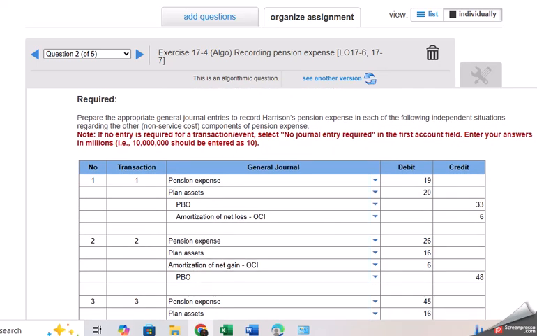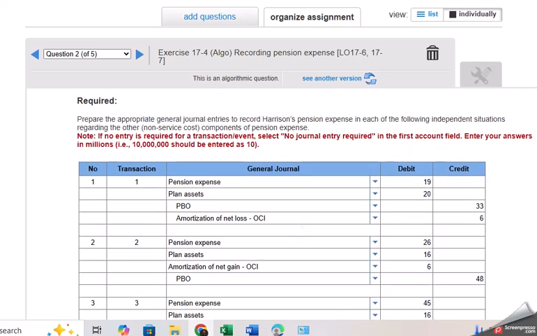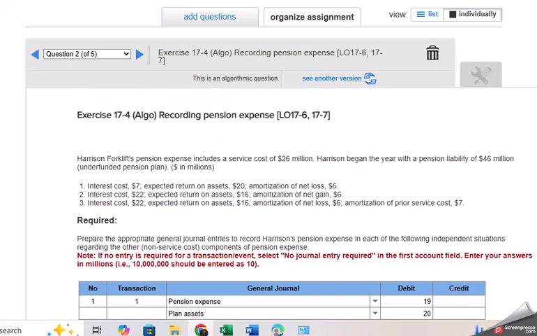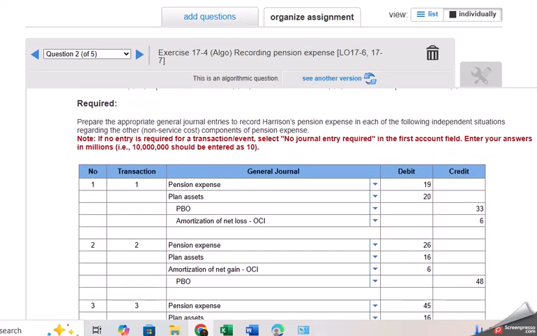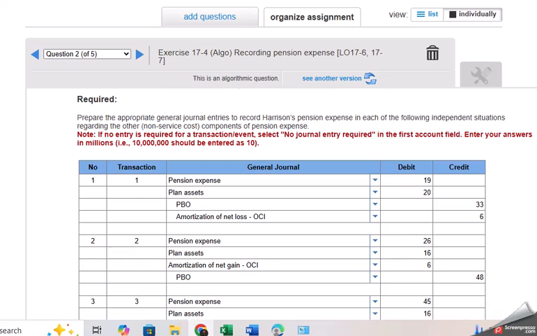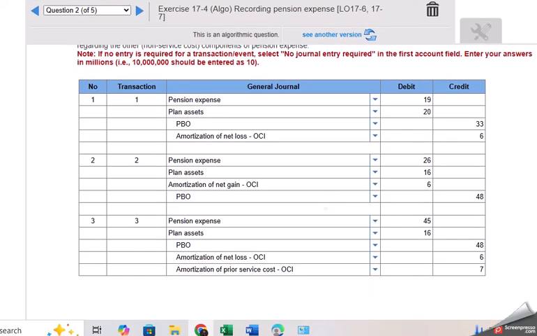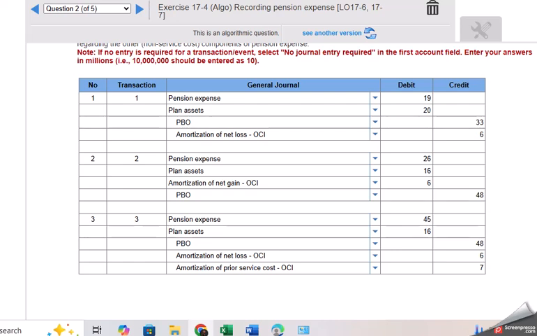So for the gain, we're going to debit the amortization of that net gain into other comprehensive income. The plan assets, we have the expected return on plan assets. That's going to increase those, so that is our debit. And then again, the pension expense is going to be what's left to make that entry balance, or again, you could work it off to the side and figure out what it is.